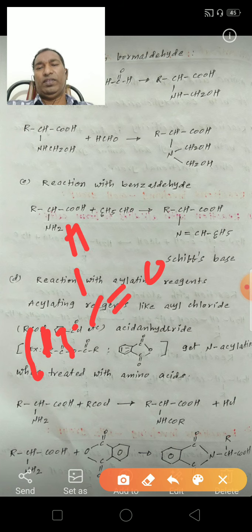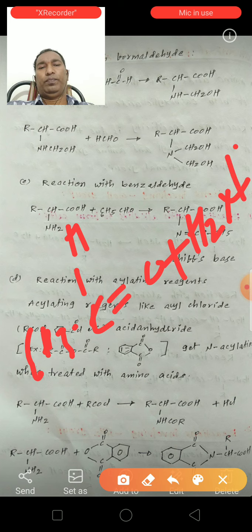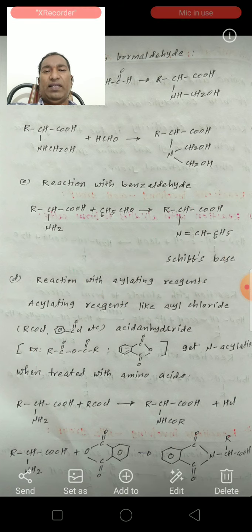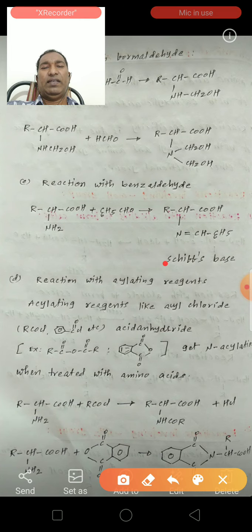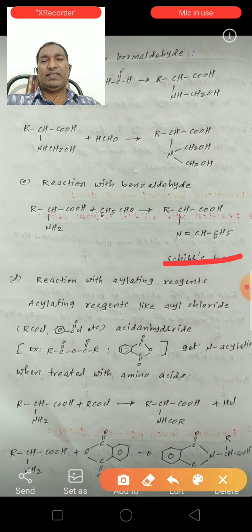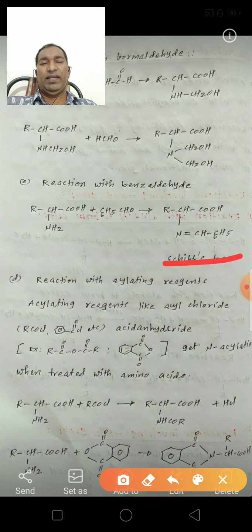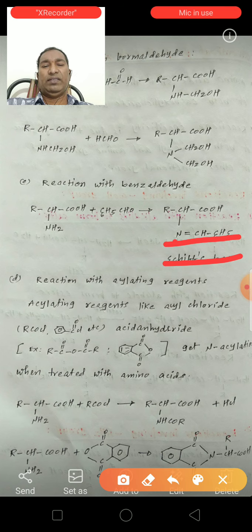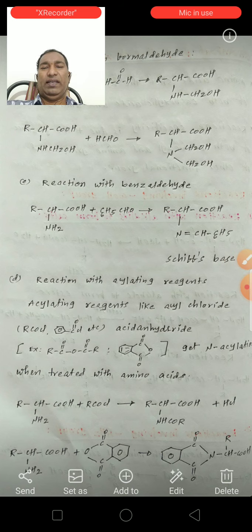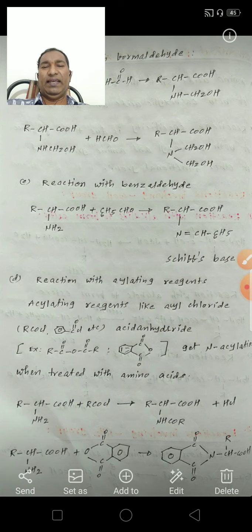So this group and the NH2 group of amino acids, by removing a water molecule, form a Schiff's base. This is very, very important: when amino acids react with benzaldehyde they form a Schiff's base, meaning N double bond CH, C6H5. So, main group. Next, D, reaction with acylating agent.